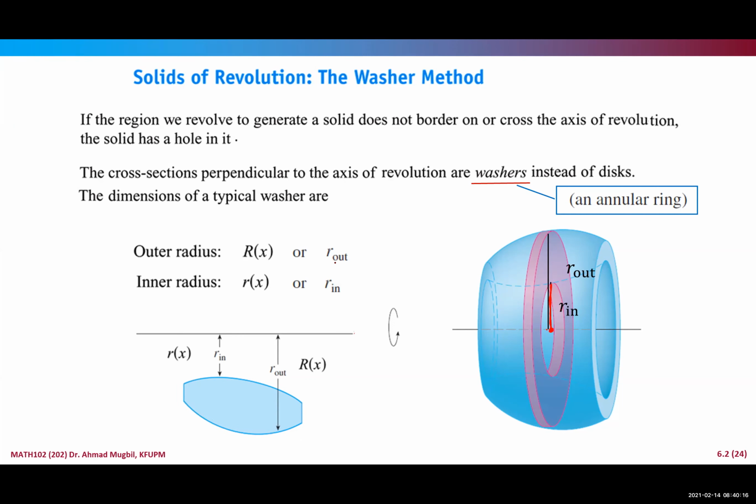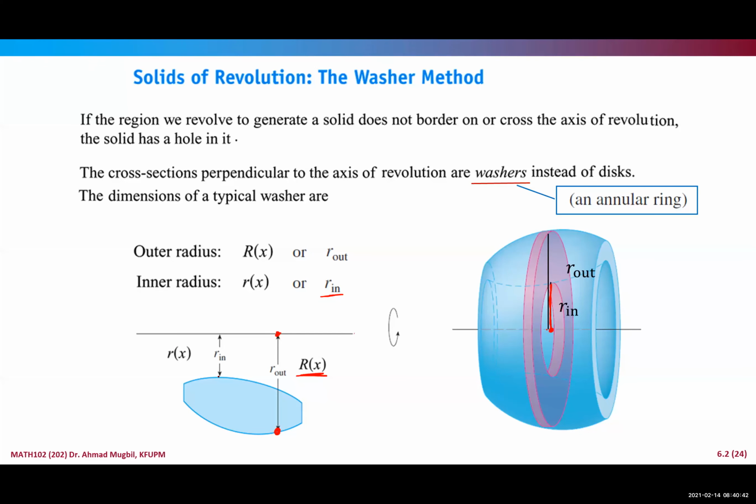So here by R out, we mean R capital that we used before, and r in is the smaller r, the inner radius. In the same way, R capital will be the distance from the far away graph to the axis of rotation. This will be R capital. You will do it as you did before for the disk.